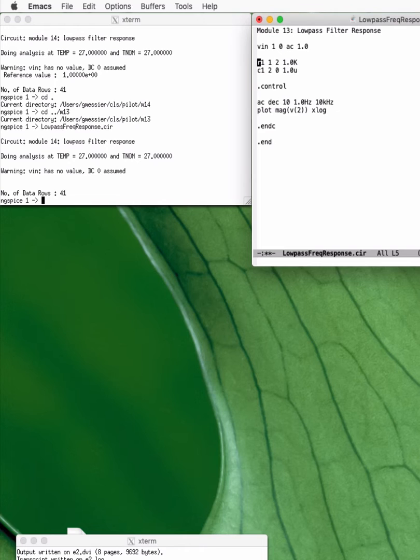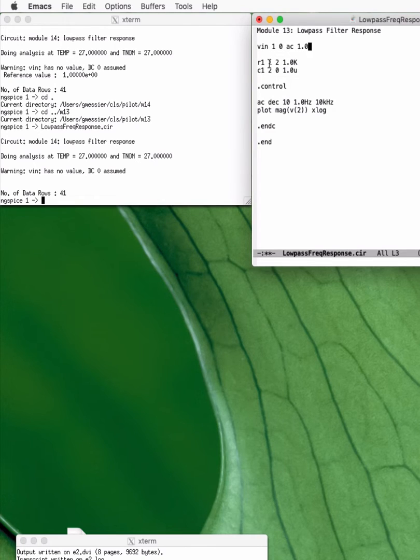And so we define our voltage source just like we have in the past. It's connected to node 1 and node 0. However, rather than DC, which we've used a few different times, or pulse or PWL, we now use the two letters AC, and this is just the amplitude of our source.